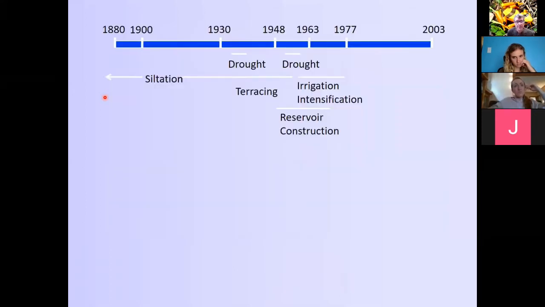Okay, so we can also talk about what is happening in the Ogallala Aquifer and also in western Kansas, which is another threshold break point. The first big change that happened to the watersheds in this part of the state to the west was agriculture. Row crop agriculture led to a lot of siltation.